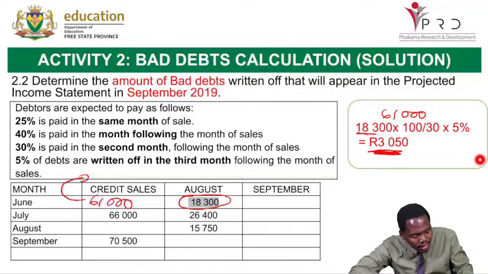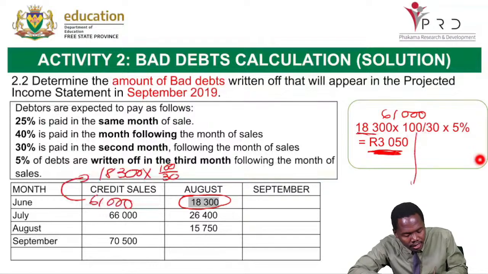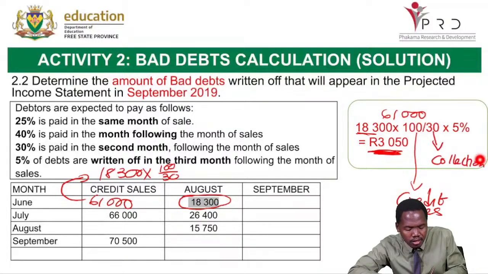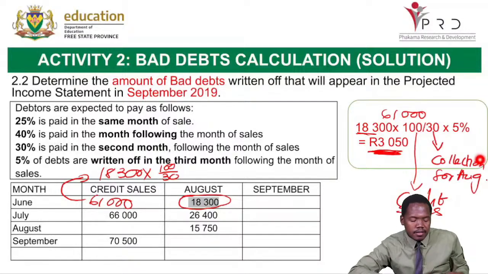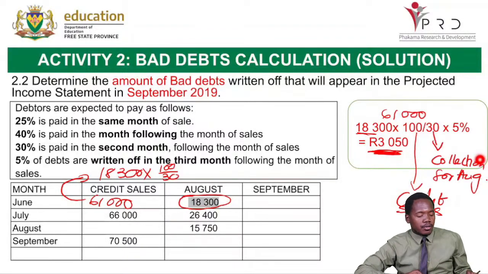How do I get these credit sales? 18,300 multiplied by 100 all over 30, because 100 is credit sales and 30 is collection for August. Okay? And then times 5%. That is how we can also do this.